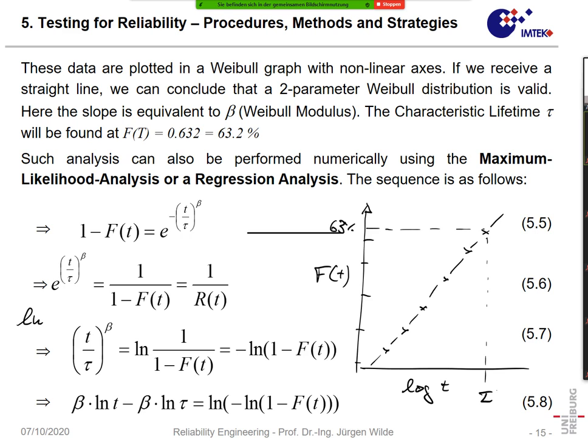Now again, we take a logarithm, and then we can say beta times logarithm of t minus beta times logarithm of tau is the logarithm of minus logarithm (1 minus F of t). So here it's log or ln t, that doesn't make a big difference, and that here is this transformation, what we plot here.